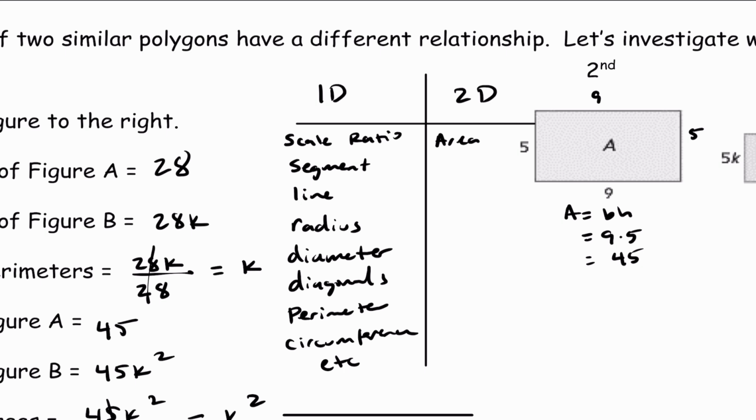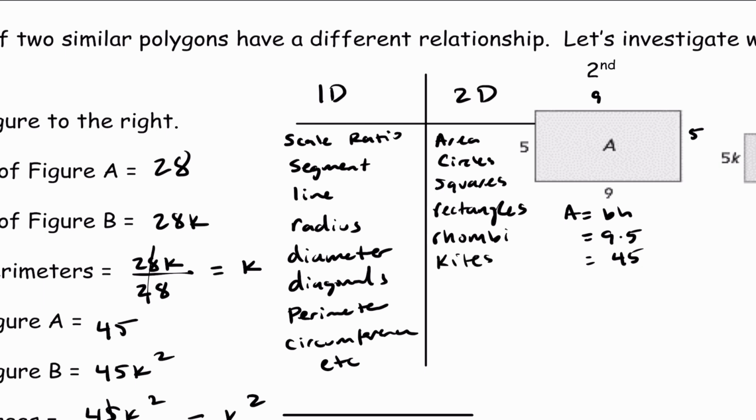We talked about shapes, right? So we said circles, right? So circles are considered two-dimensional. What else? Squares. What else? Rectangles. Rhombi, kites, what else?